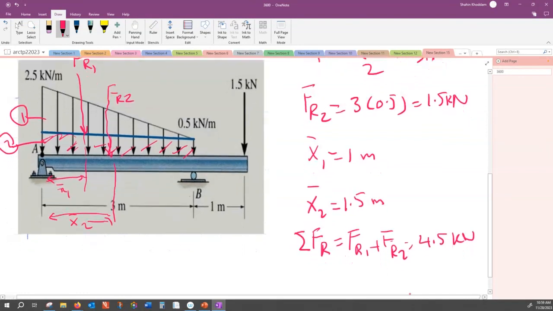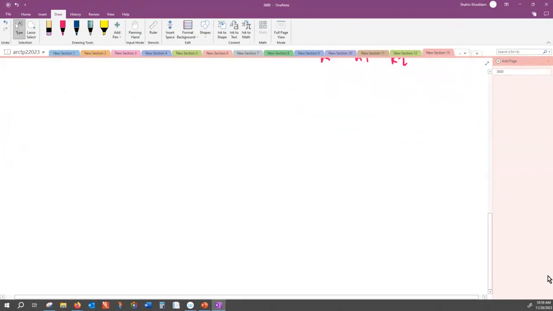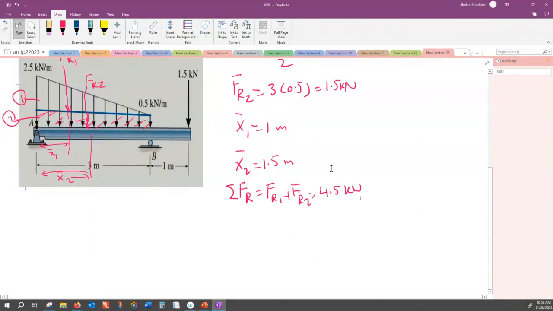Now, a little bit challenging question is that FR1, it means I'm getting rid of these two forces and replacing them with one single load.